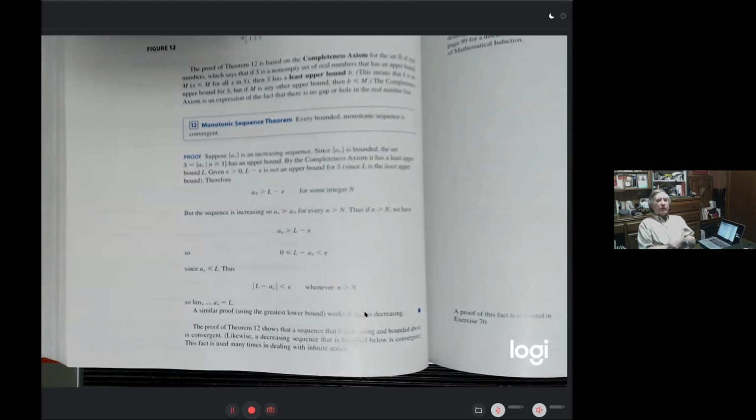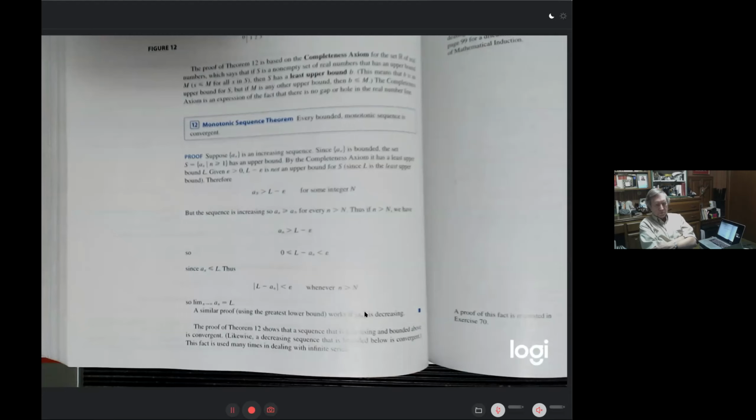Let's consider all the numbers, maybe we can stay on this screen, all the positive numbers whose square is less than 4.